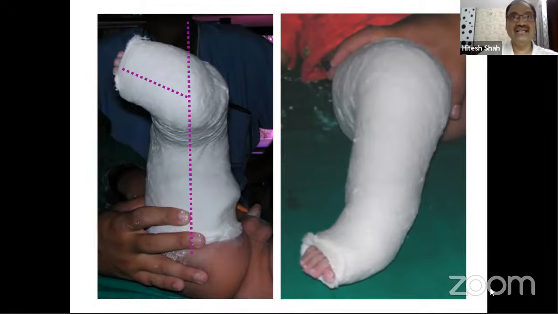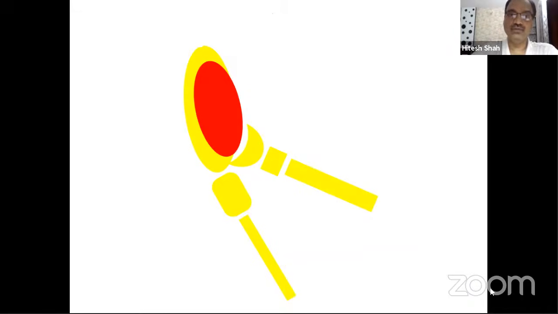So in the second, third, and fourth manipulations, we try to correct the forefoot adduction by abduction. And in those sequential manipulations, never ever pronate the foot. Never try to pronate either the first metatarsal or the hindfoot. This is what the plaster looks like after the third or fourth manipulation.